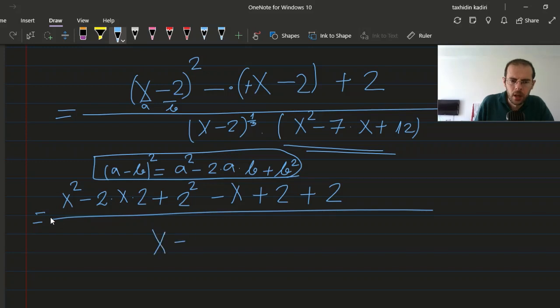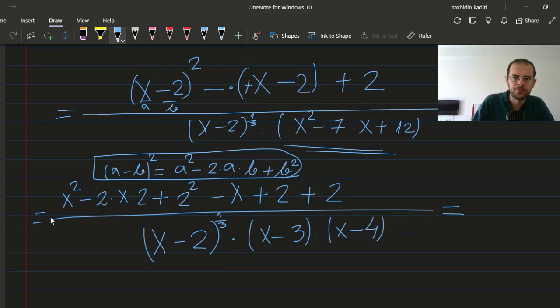Here we have this base x minus 2 in power 1 over 3, and we will substitute x minus 3, x minus 4.